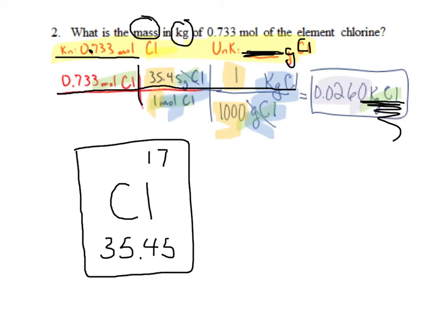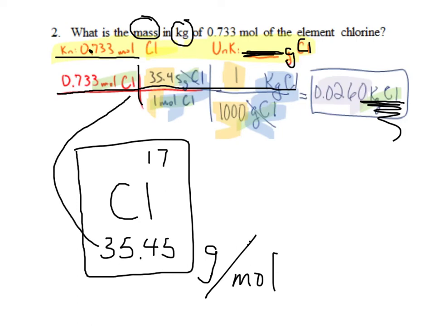Now that 35.45 is the number of grams in 1 mole of chlorine. So that's the number we're going to use right up here in our molar conversion. We're going to make the moles cancel. 1 mole of chlorine is 35.45 grams of chlorine.